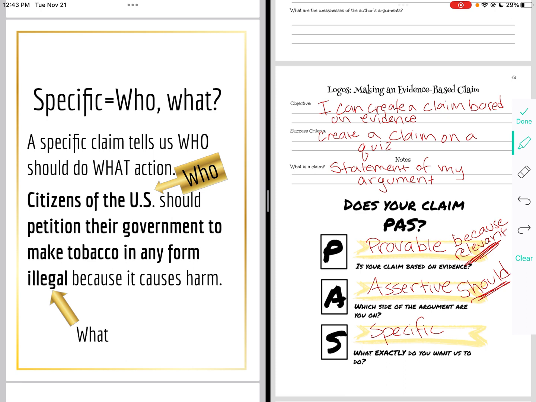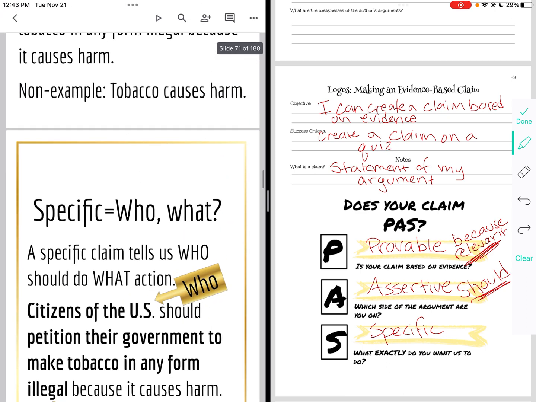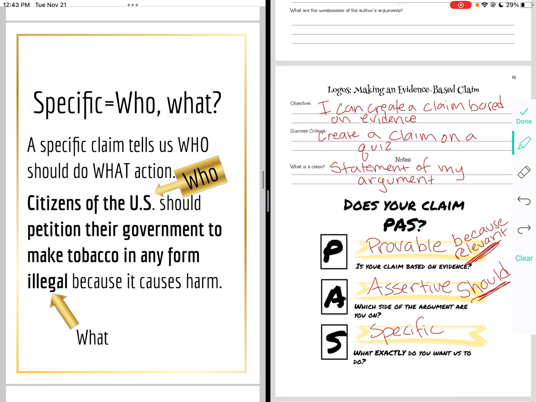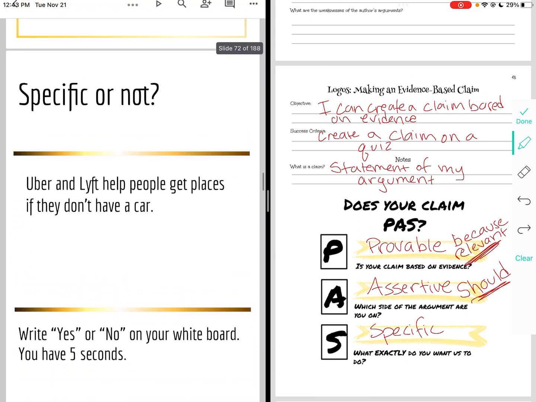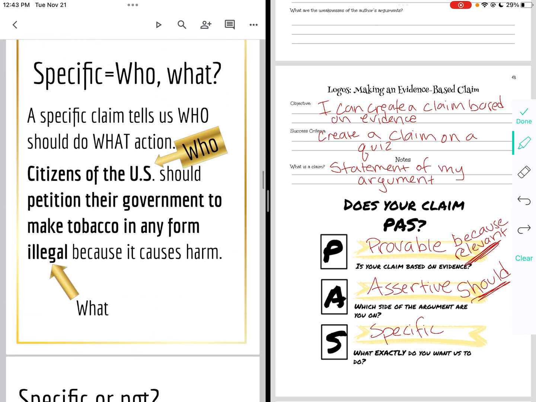This is a pass claim right here because it has a "should." It has "because," and it has who and a what. So for specific, let's write on your notes, you should write who and what.